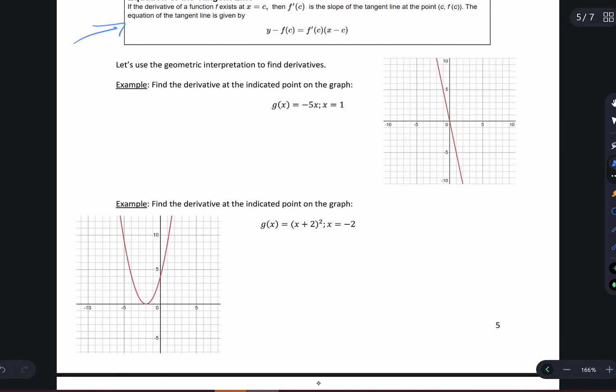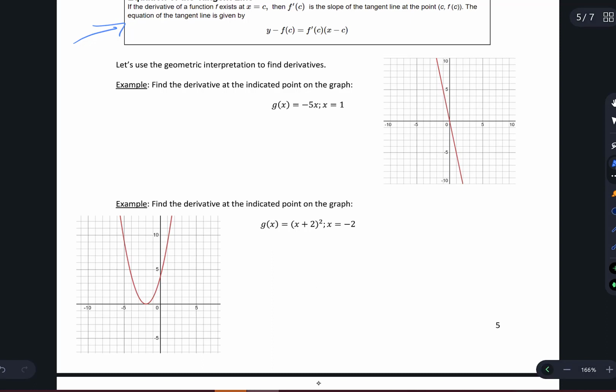And so let's use the geometric interpretation to find derivatives. Here we want to find the derivative at the indicated point on the graph. Here we have g of x is equal to negative 5x at the point x is equal to 1. And I've got that plotted here. Let's first find the point on the graph when x is equal to 1.